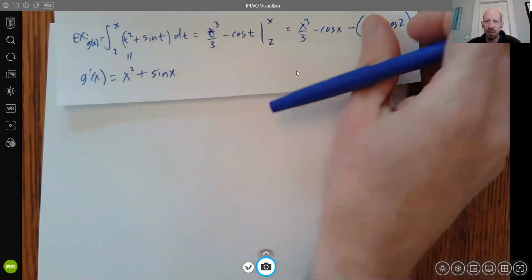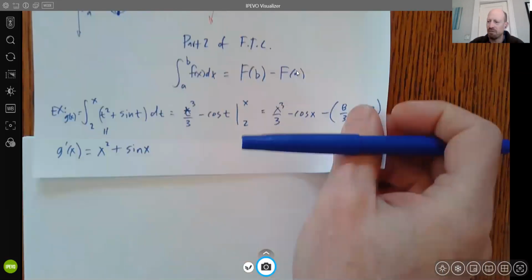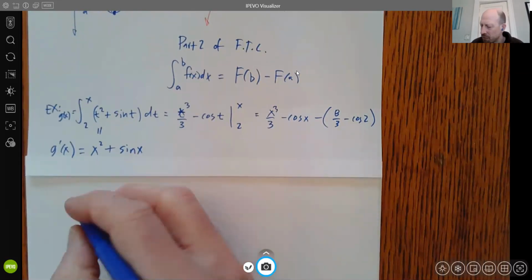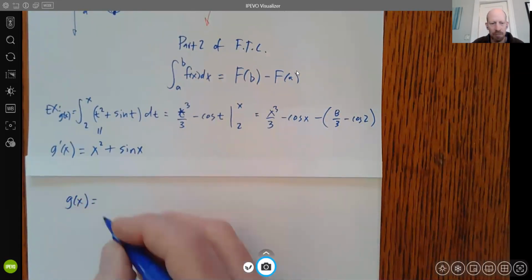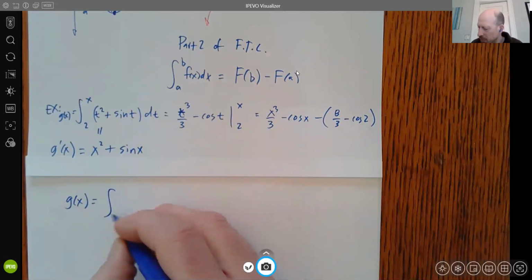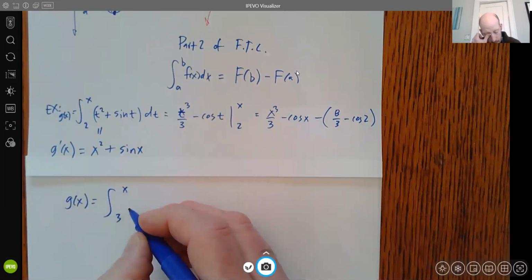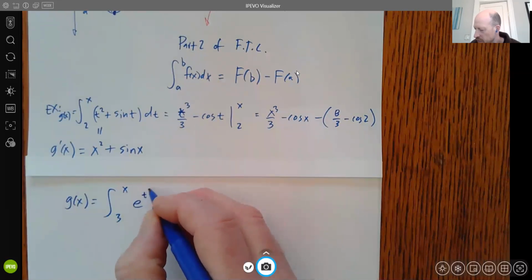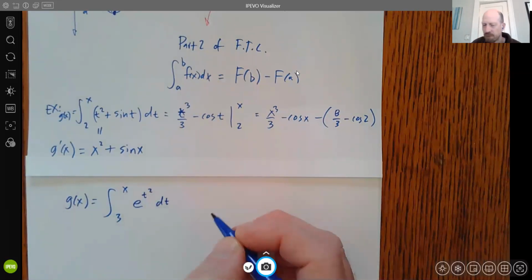So you might say, well, why do we even need the fundamental theorem part 1? Well, it's because what if I give you this function? You may not appreciate this function quite yet, but let's try e to the t squared dt.